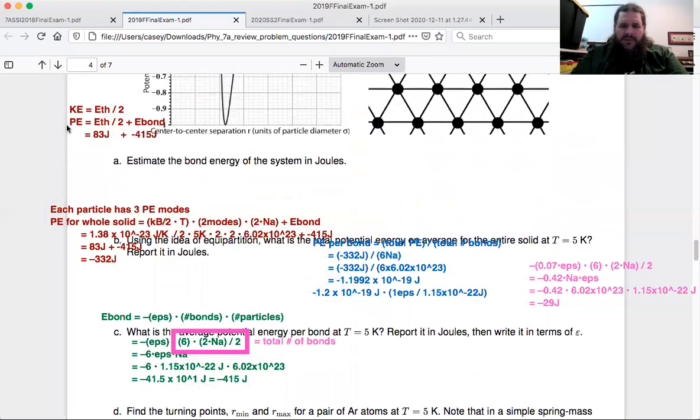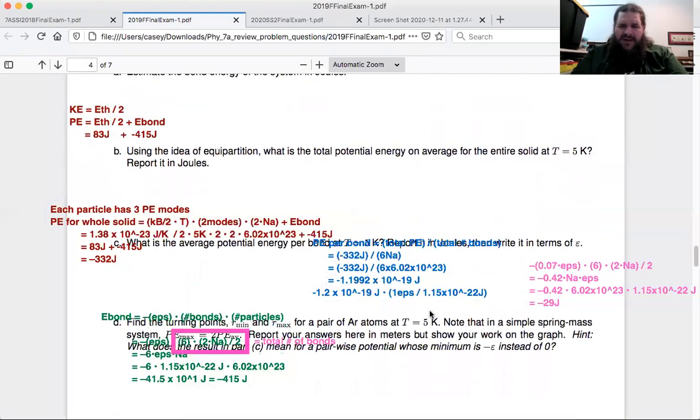That way the joules are going to cancel out and we end up with epsilons. My concern is when we actually divide this, we're going to get something like 100 epsilon. The 1.2 and 1.15 mostly cancel out, but 10 to the negative 19 divided by 10 to the negative 22 is 10 to the third. So we get about negative 1,000 epsilon. That doesn't really make any sense as the energy per bond, does it?